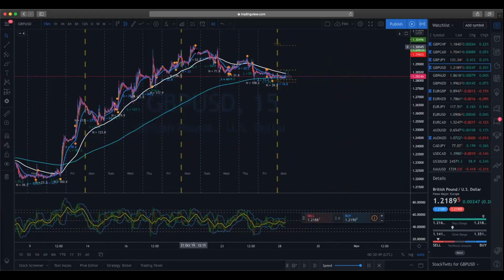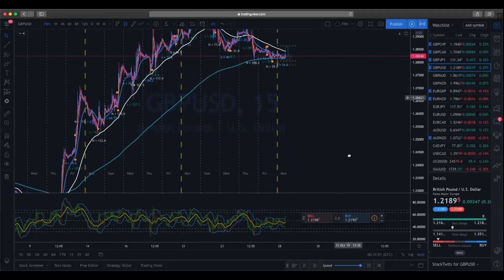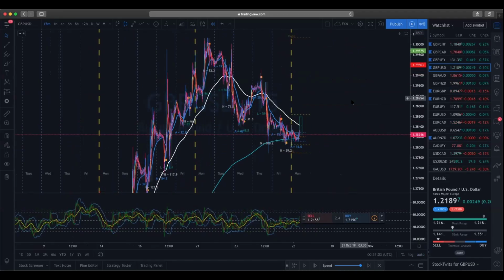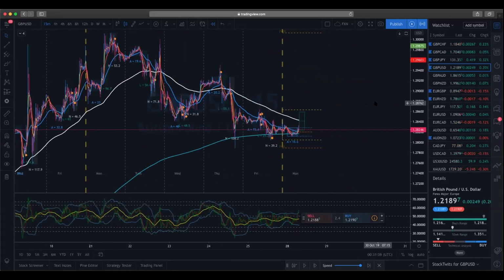So we still created lower lows and lower highs, right? This particular week here. So technically, this was a trending cycle, wasn't it?